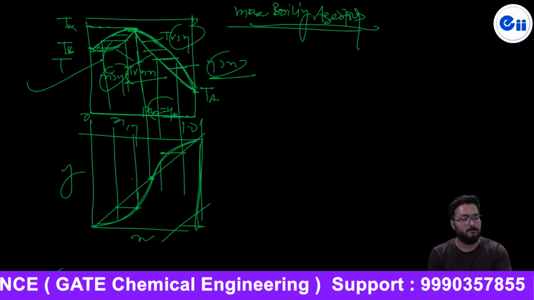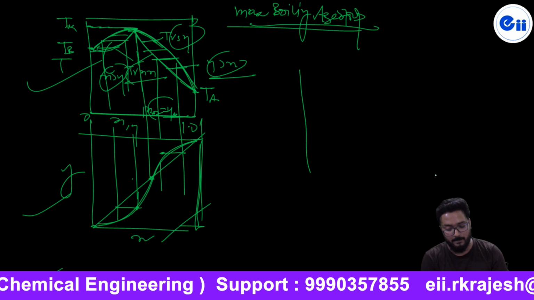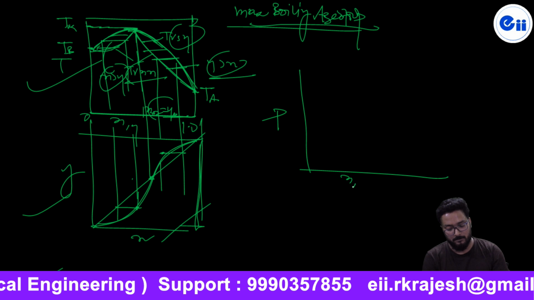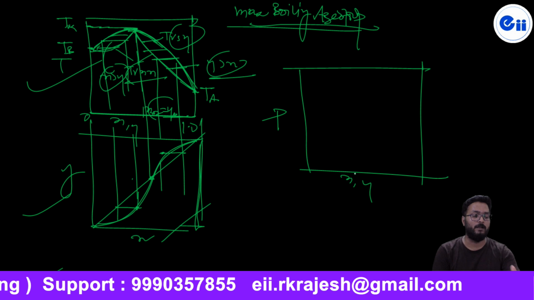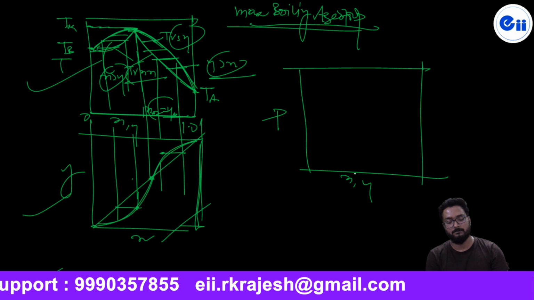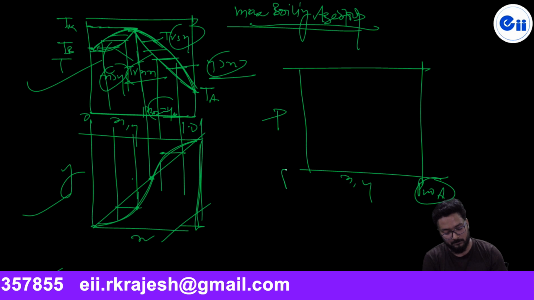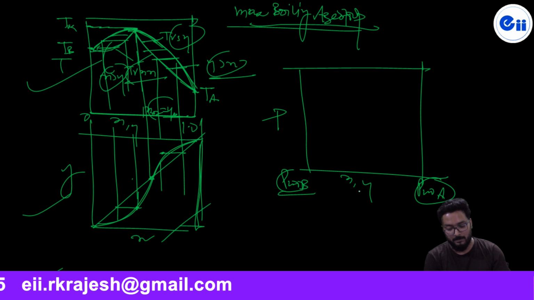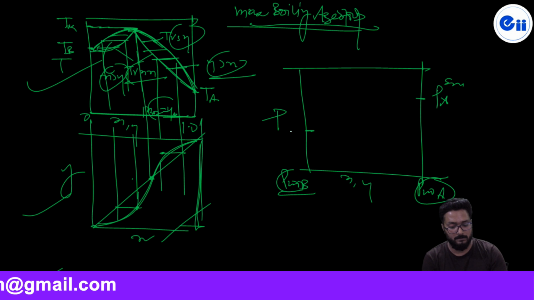The three curves: one is called TXY, one is called the YX curve, and one more curve is called pressure versus XY. And as I told you, the total vapor pressure is found to be minimum. That's why the boiling point is maximum here. It is pure A, pure B. A is here, its pressure will be more.